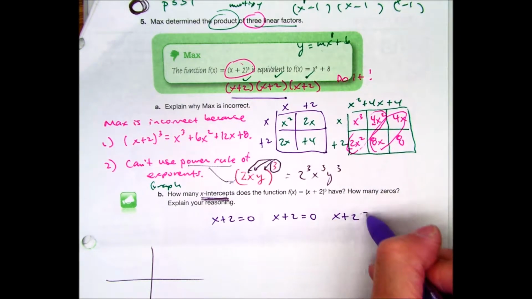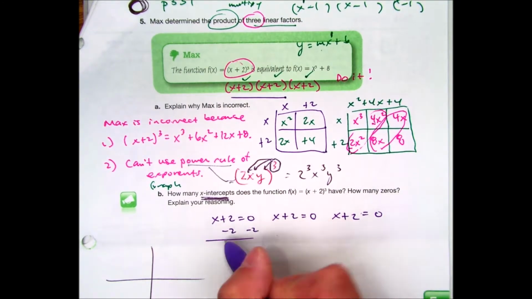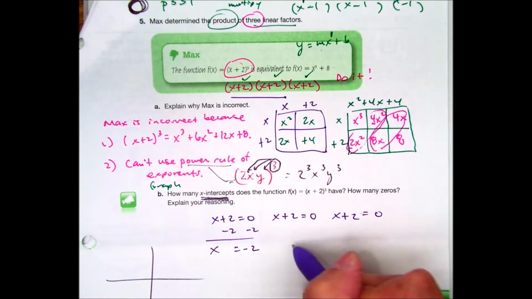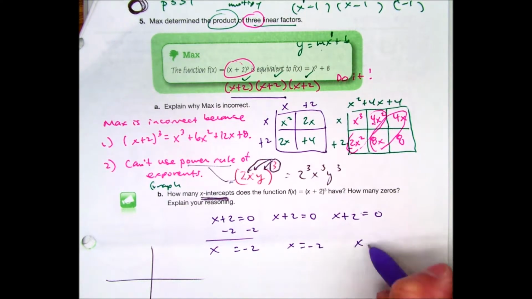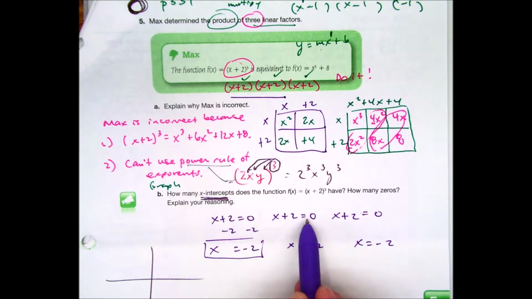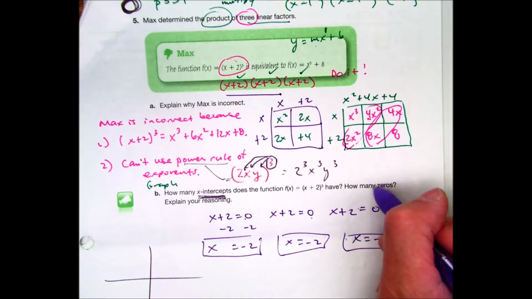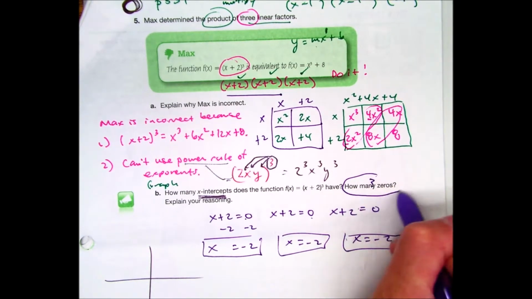Did you guys recognize it's the same math problem 3 times? And we just subtract 2, we just do it once. And the reason why I'm writing the answer 3 times is because you set it equal to 0 how many times? So that means there are 1, 2, 3. There are 3 zeros. The answer is there are 3 zeros.